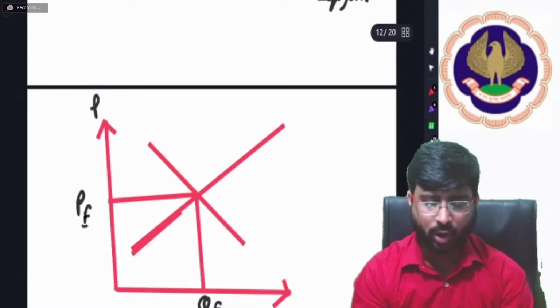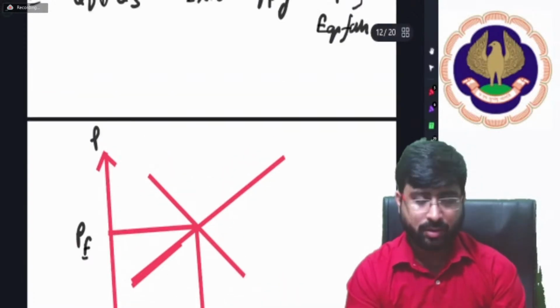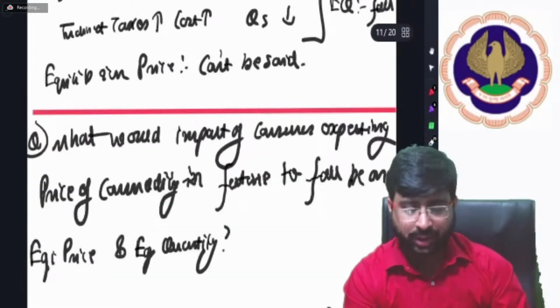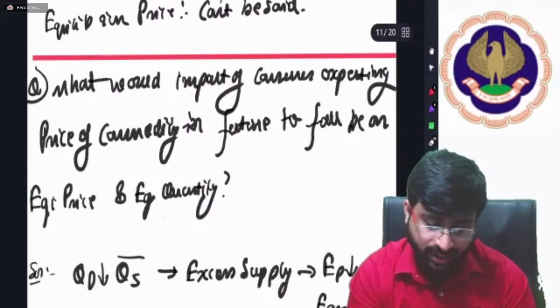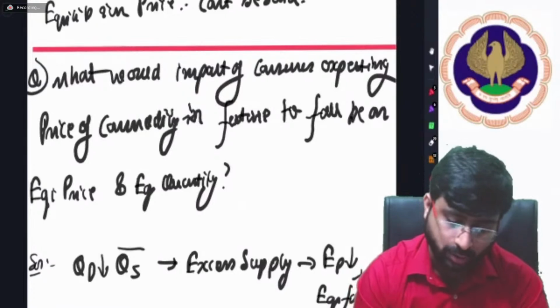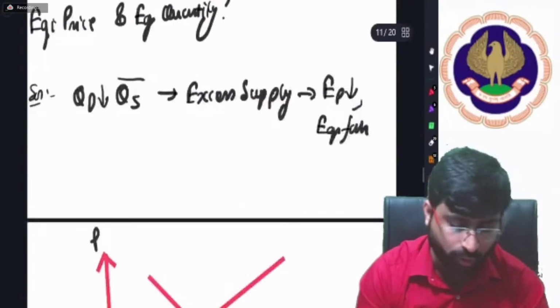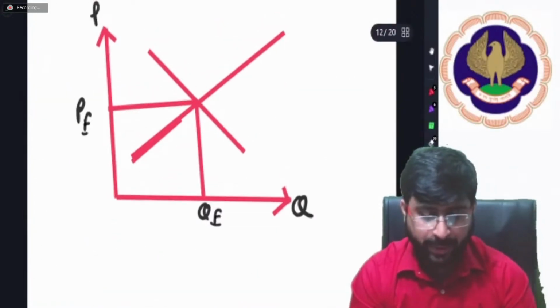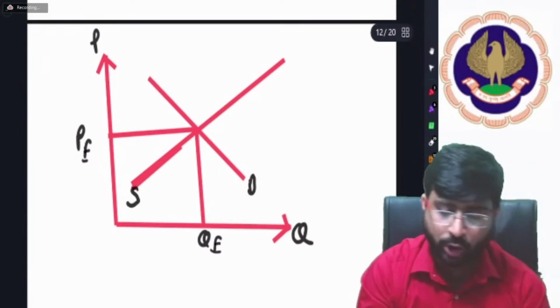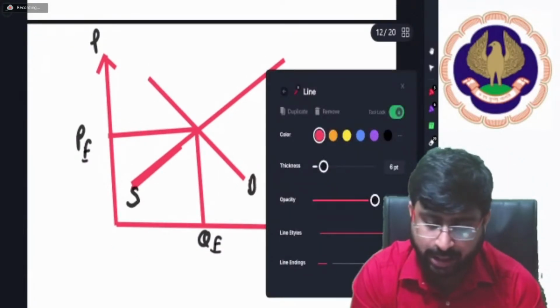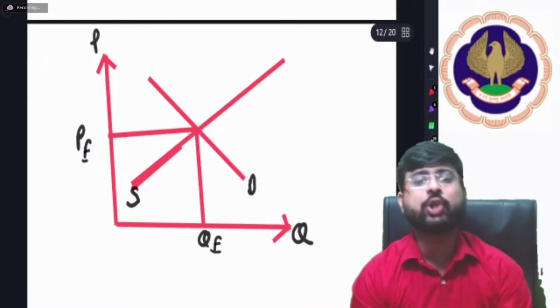Now pay attention. What they are trying to tell us is that if consumers are expecting the price to fall, demand is going to fall, and if demand is going to fall, there is going to be a leftward shift.